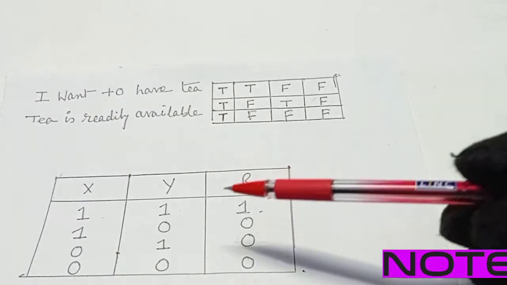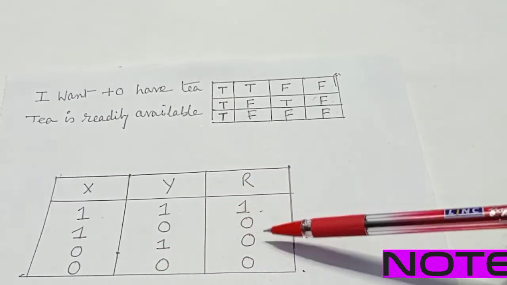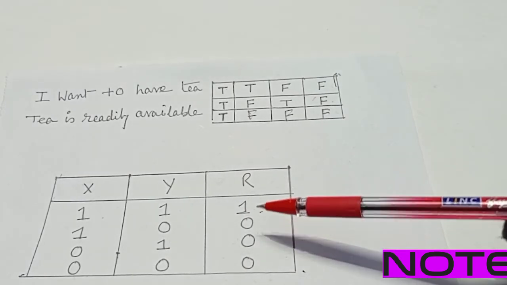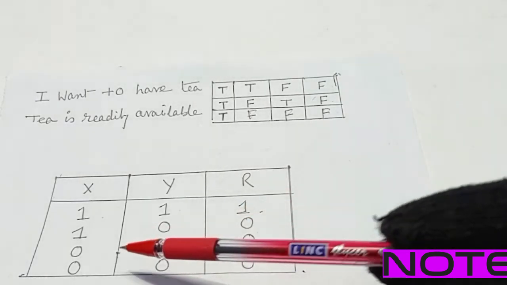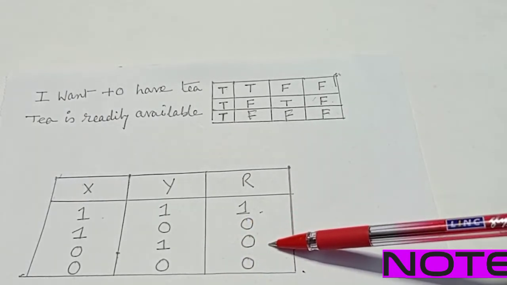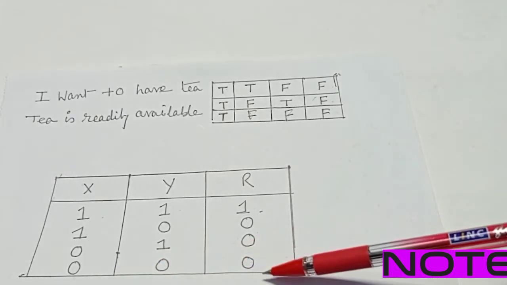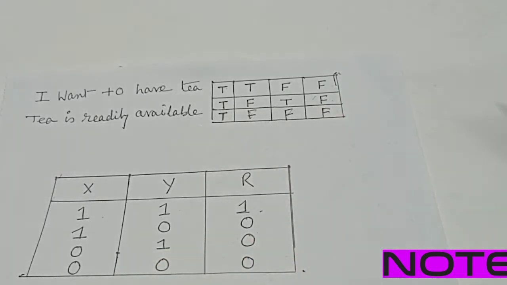X is true but y is false, the output will be false. X is false and y is true, the output will be false, and where both are false, the output will be false.